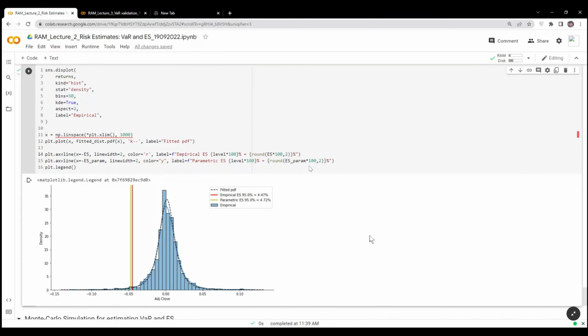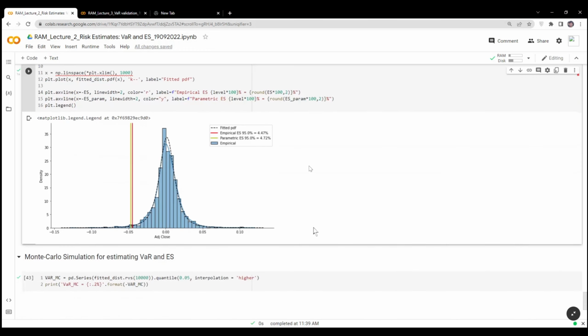So we never performed any validation techniques on independent data. So that's the topic of the next lecture that I'm going to switch to.